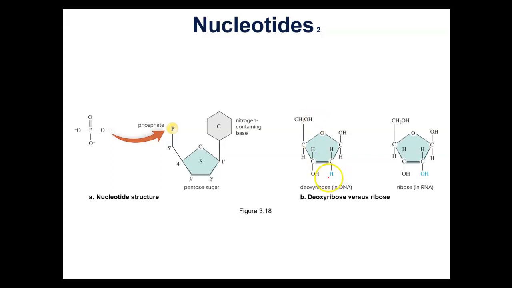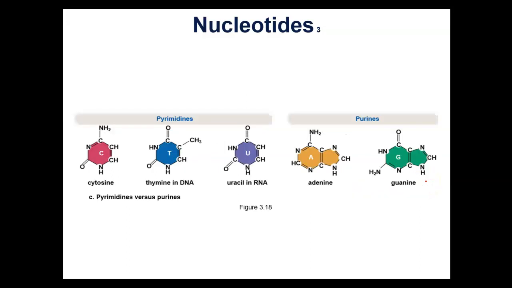The sugar found in DNA is called deoxyribose, and the sugar found in RNA is called ribose. And here is the difference. In DNA, this hydrogen group in blue does not have an oxygen attached to it, whereas in RNA it does. So deoxyribose is missing an oxygen, whereas ribose has an additional oxygen.